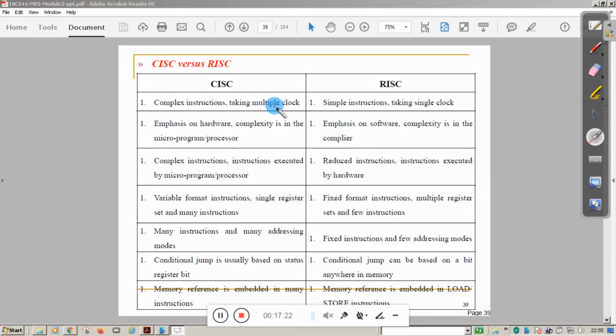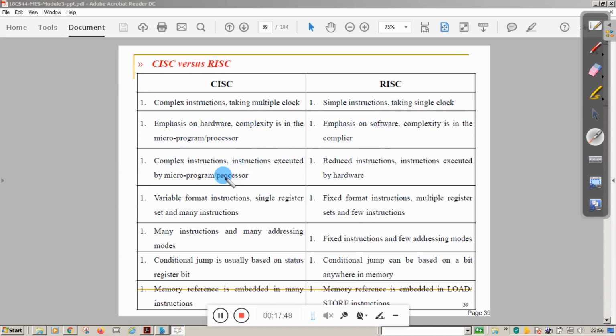RISC instructions are simple and take a single clock. For example, in ARM7 all instructions are 32-bit, 4 bytes, and take a single clock, almost all of them. In CISC the emphasis is on hardware, the complexity is in the microprogram processor. In RISC the complexity is in the software.